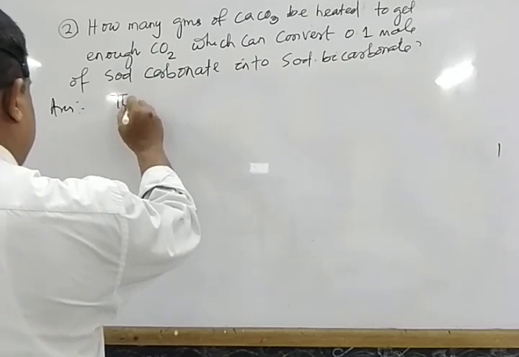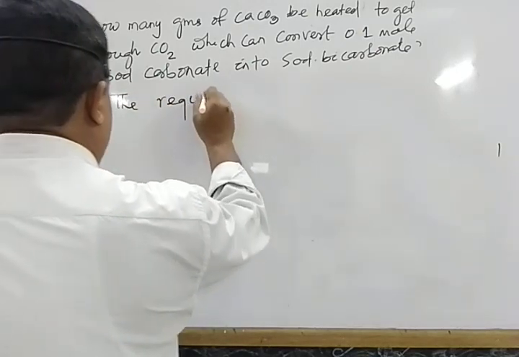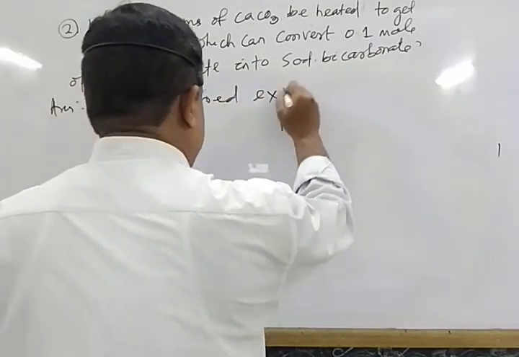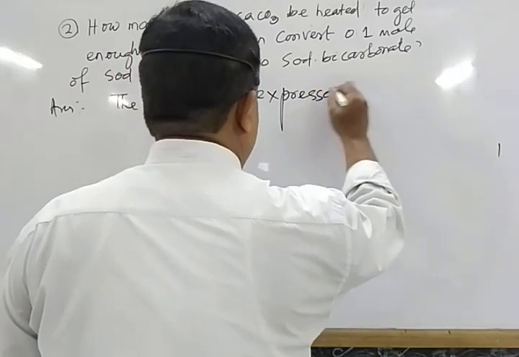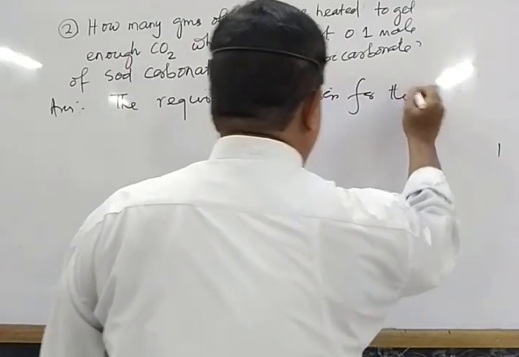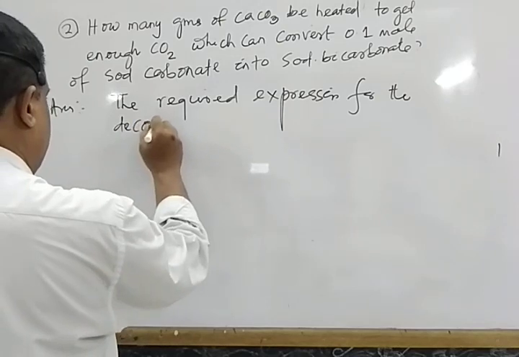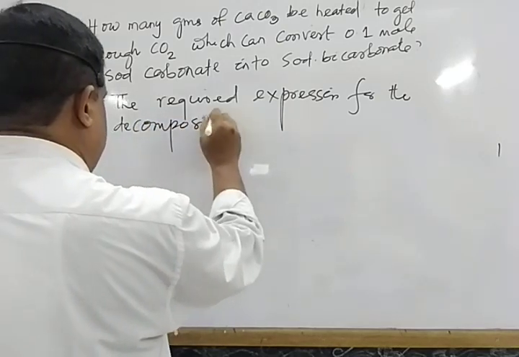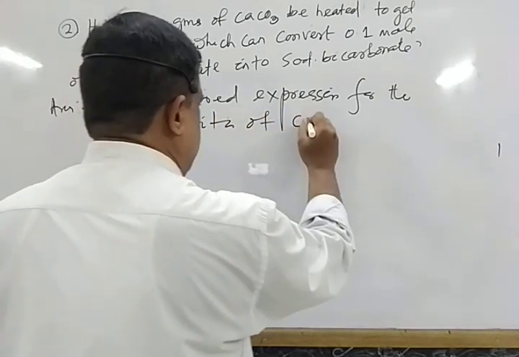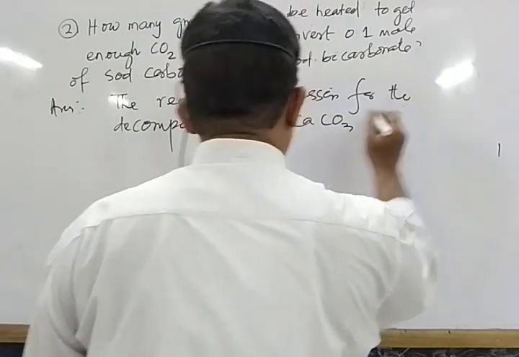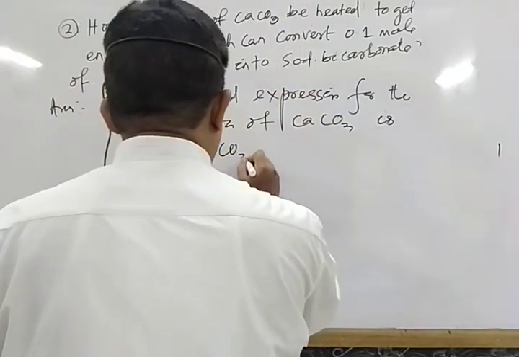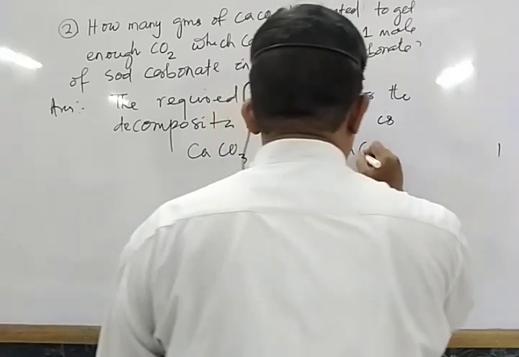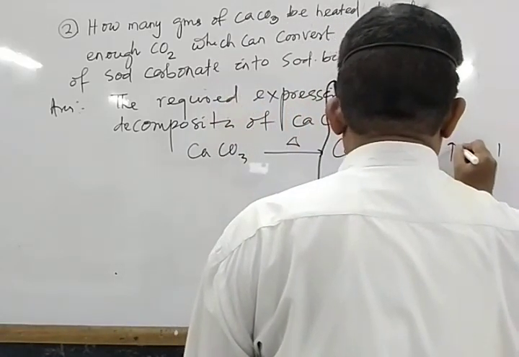Mark the answer. The required expression for the decomposition of calcium carbonate is calcium carbonate breaking down to calcium oxide plus carbon dioxide.